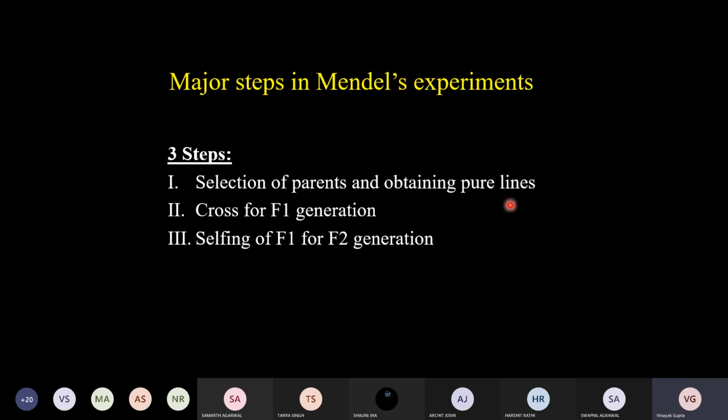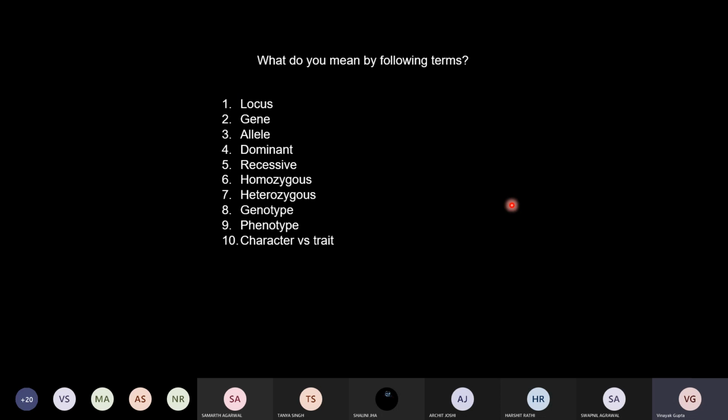Okay, so now we are going to understand what we mean by pure line. Before we discuss the pure line, we have to understand the meaning of these 10 terms. Then we can understand his experiments and his conclusions. Let's go one by one. First term here is locus.